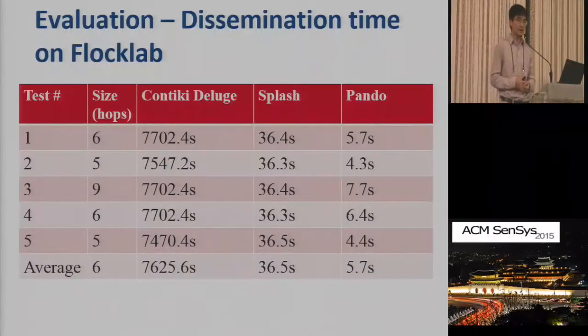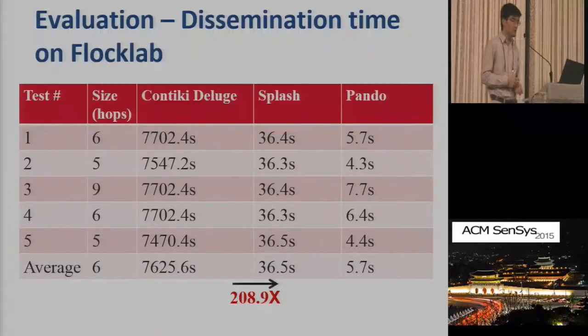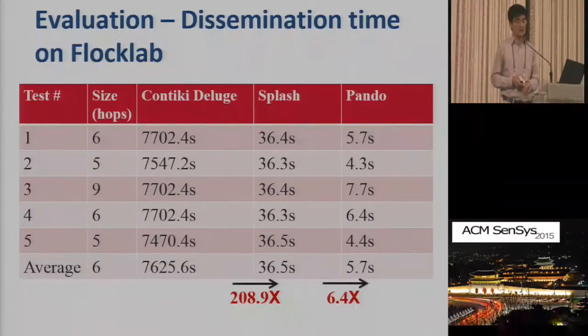And finally, we compare with Deluge. We run the Contiki Deluge on FlockLab. It is a simplified version of the original Deluge. From the average result, we can see that Splash can improve the performance of Contiki Deluge by more than 200 times, and we can further improve the performance by 6 times.